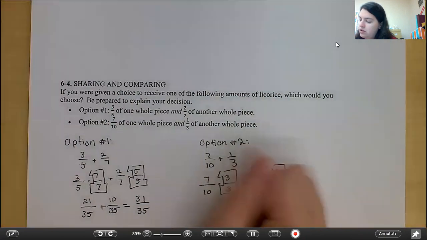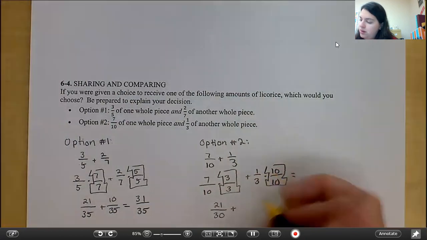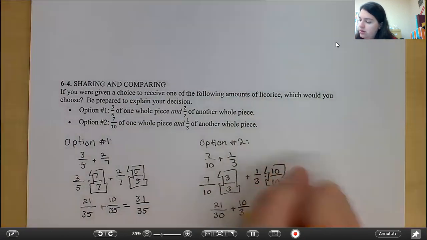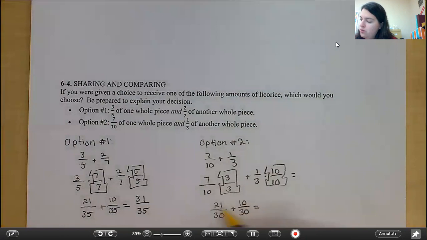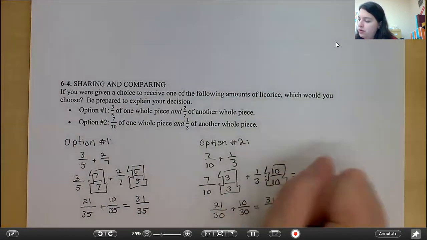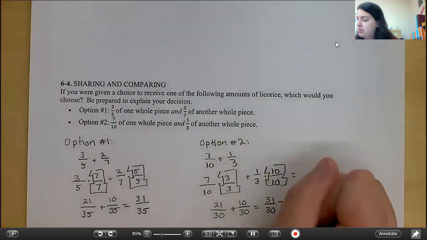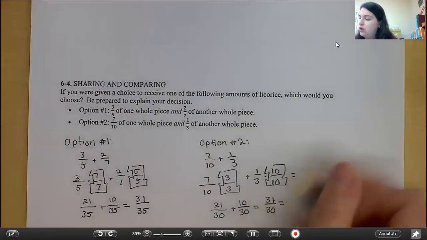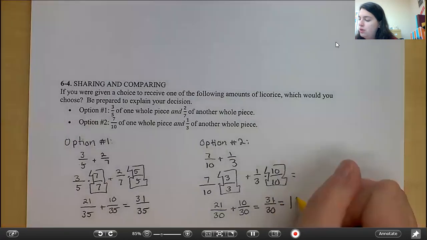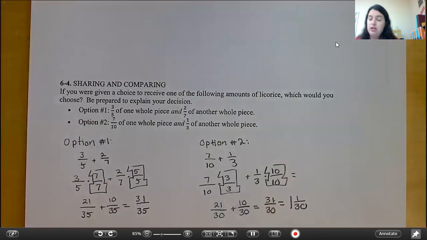So that's going to give us 21/30 plus 10/30. 21 plus 10 again is 31 over 30. But look, my numerator is bigger than my denominator, so I can make this a mixed number. How many times does 30 go into 31? Once. What do I have left over? 1. And 30 is my denominator.